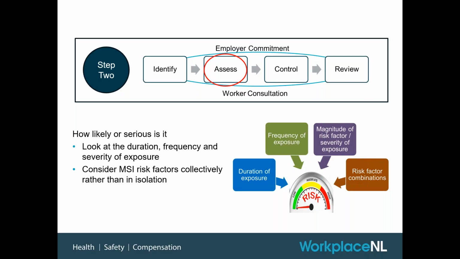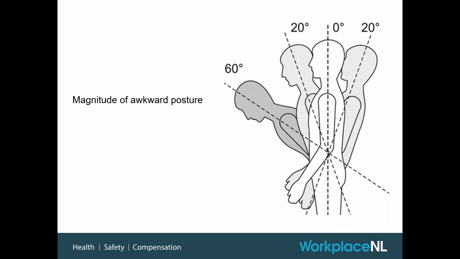Another example is awkward posture. A posture can be a little bit awkward, it can be mediocre awkward, it can be quite severely awkward. And the level of risk depends on how awkward it is. So if you just look at this picture here, for example, the magnitude of awkwardness of a back posture. A person being completely upright is considered 0 degrees.